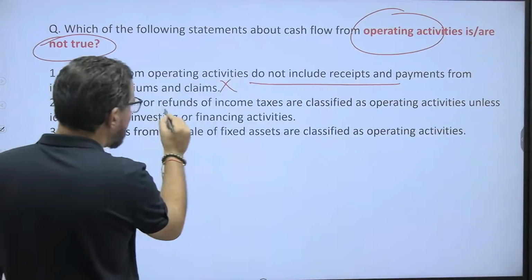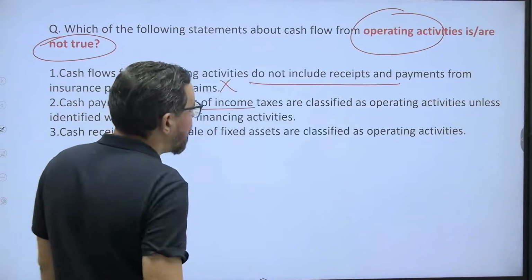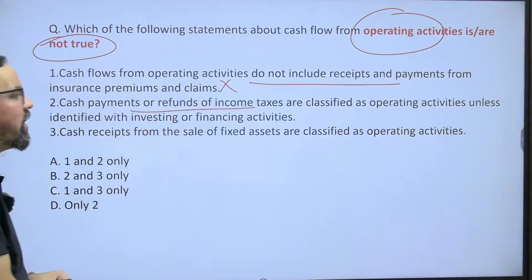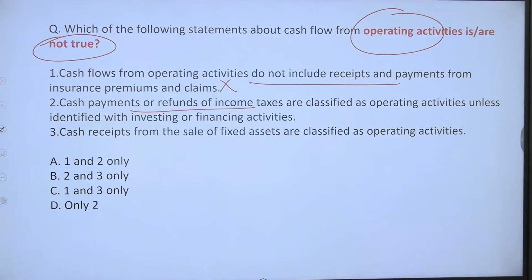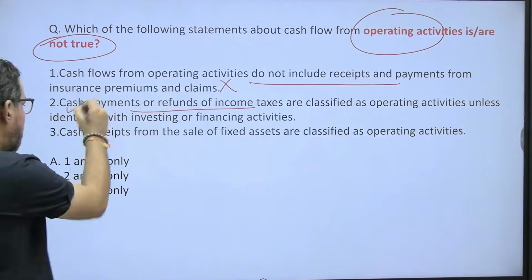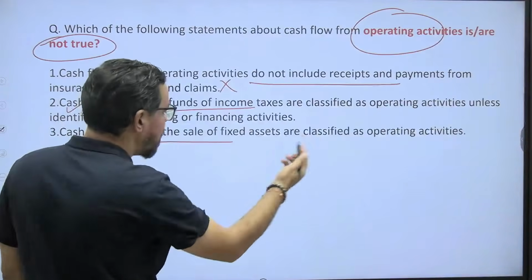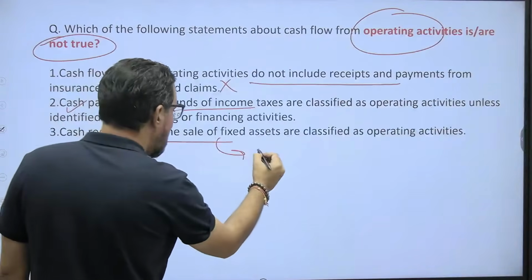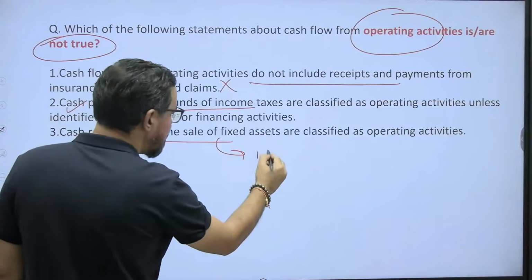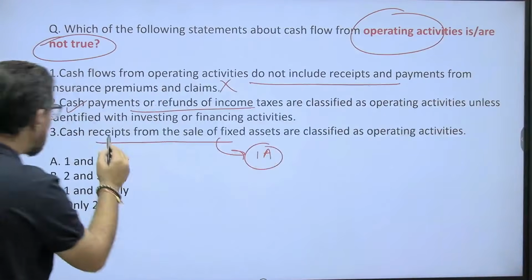Cash payment or refund of income tax are classified under operating activities unless identified with investing and others. True. Cash received from the sale of fixed asset is classified as operating activity. No, it is an asset. It is investing activities. So this is also wrong.